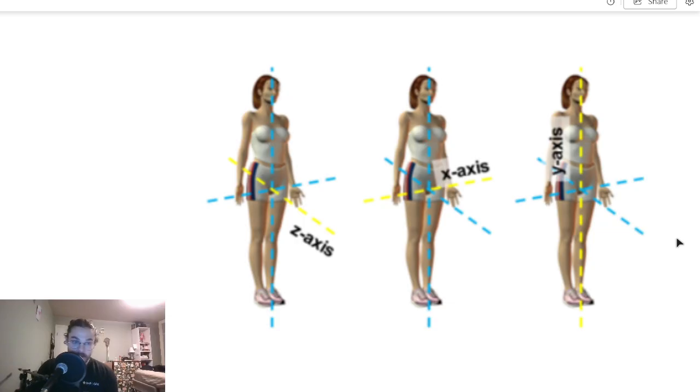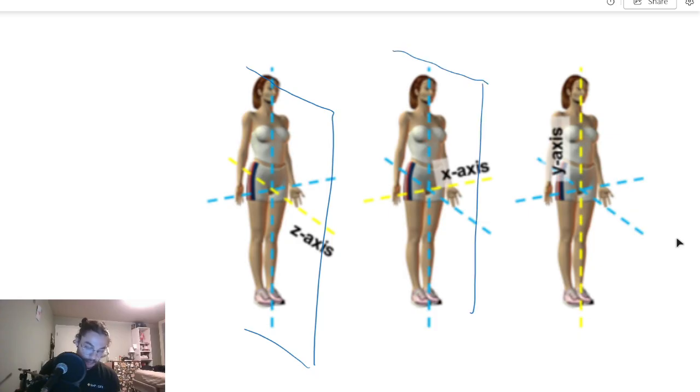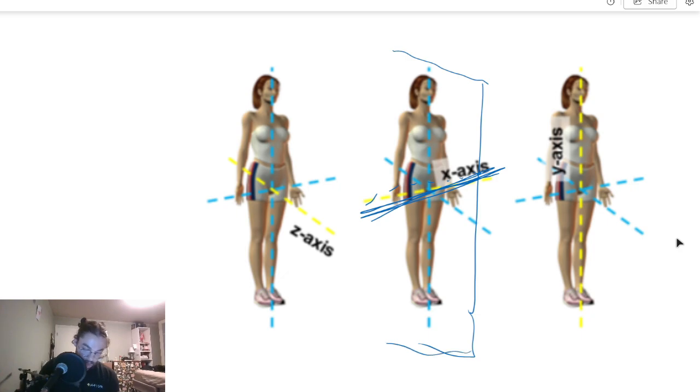And that's going to be moving about an axis. So any motion in this plane, there we go. Or actually, hold on, I should have drawn this on the middle one, because this is where the axis of rotation runs through the sagittal plane. Okay, there we go.